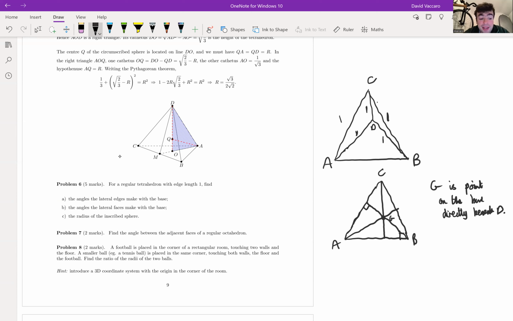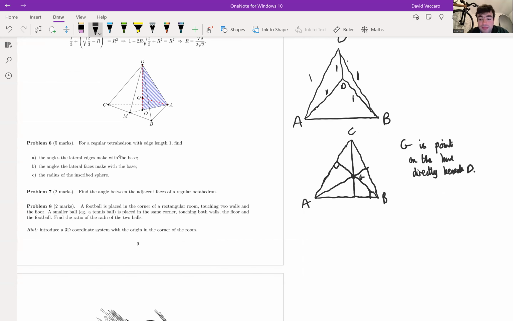Now, I said at the beginning that in the 1950s and 1960s, kids just did tons and tons of geometry. So there were lots of facts that they just knew about circumcenters and centroids and things like that. We maybe don't know these things quite so well, so we need to calculate them a little bit more. We were given that the length of the equilateral triangle is 1, so this point M is at a distance 1/2.